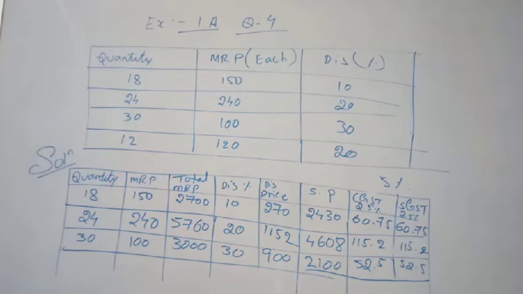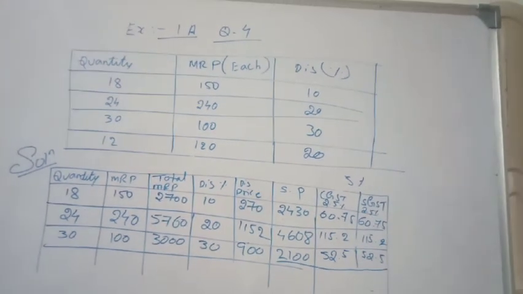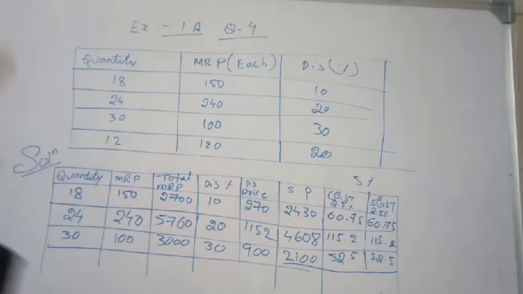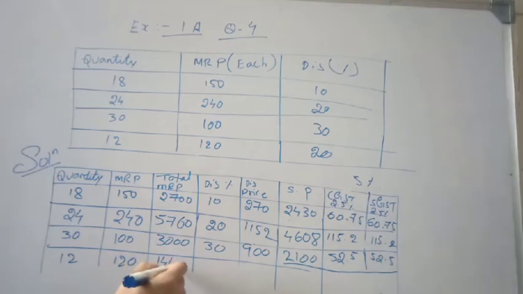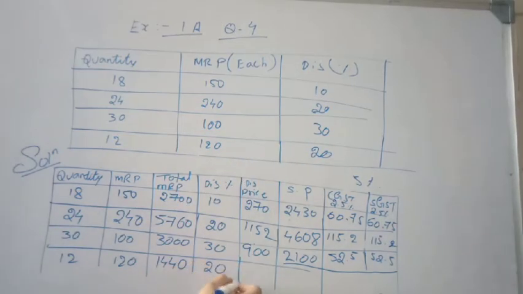Next, come to the next item. The number of items is 12, the rate is 120. 12 into 120 is equal to 1440.